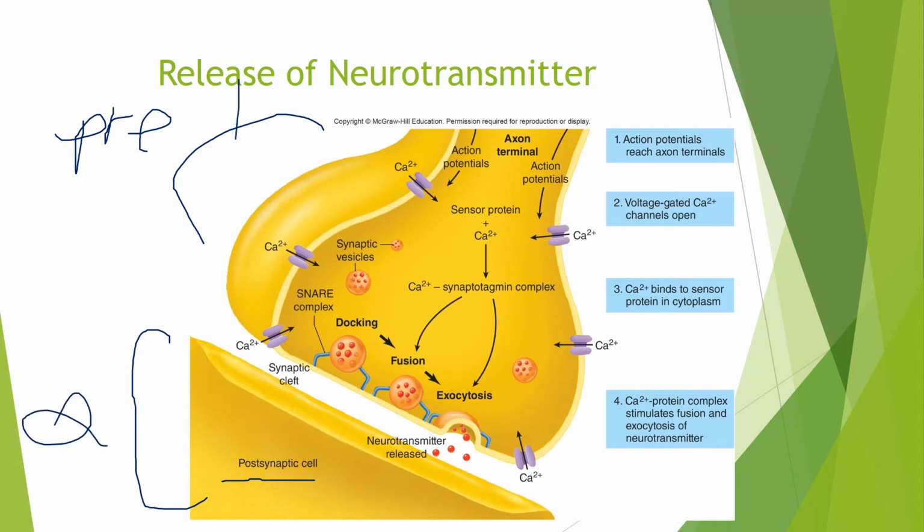What happens when we have an action potential invading the terminal is that the action potential is going to propagate, remember, down from the axon and then come into the nerve terminal, the axon terminal. And that is going to open voltage-gated calcium channels.